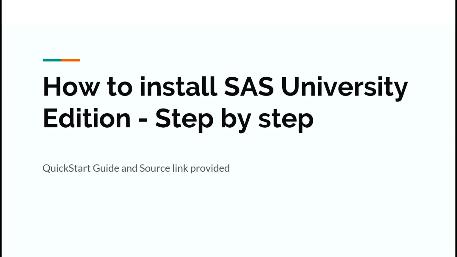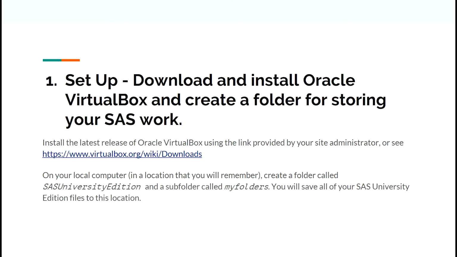So let's get started. The SAS University Edition is very similar to SAS Studio, which is a cloud-based platform that allows you to access through your internet browser. Now, the first step is that we will need to download and install Oracle VirtualBox that provides a virtual environment for a SAS server to run on it.